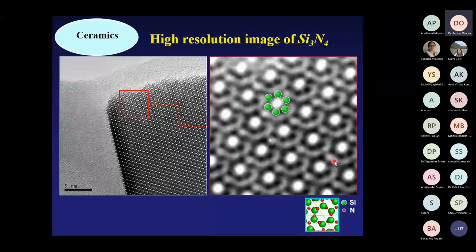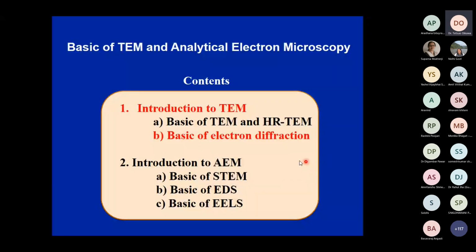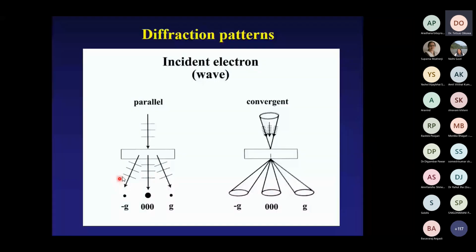Now I'd like to shift to the electron diffraction subject. As we illuminate the electron wave as a parallel beam condition, we can observe the electron diffraction, a two-dimensional electron diffraction pattern, and sometimes we can illuminate with a convergent beam condition. We can observe the electron disk pattern, the convergent beam diffraction pattern.